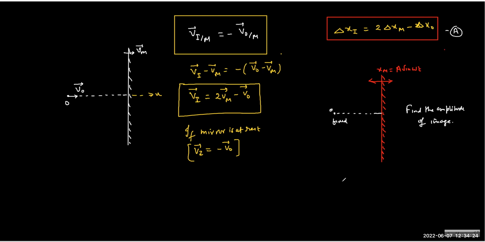The amplitude of the image we can write as twice the amplitude of the mirror minus the amplitude of the object, which in our case is 0, right? So the amplitude of the image will be just twice that of the mirror. That's the answer. You can just apply it, or you can do it organically by shifting 2 times.